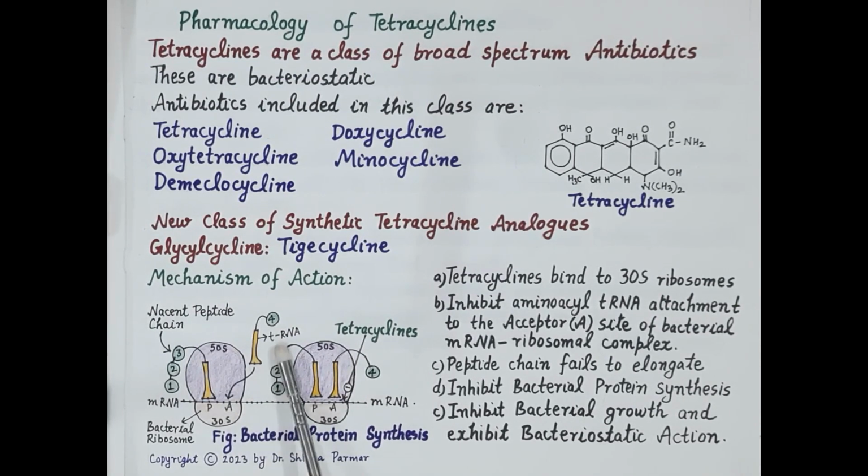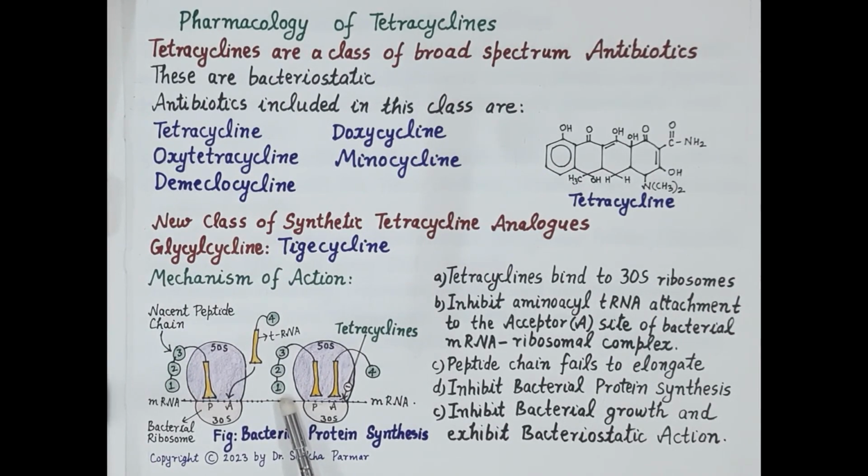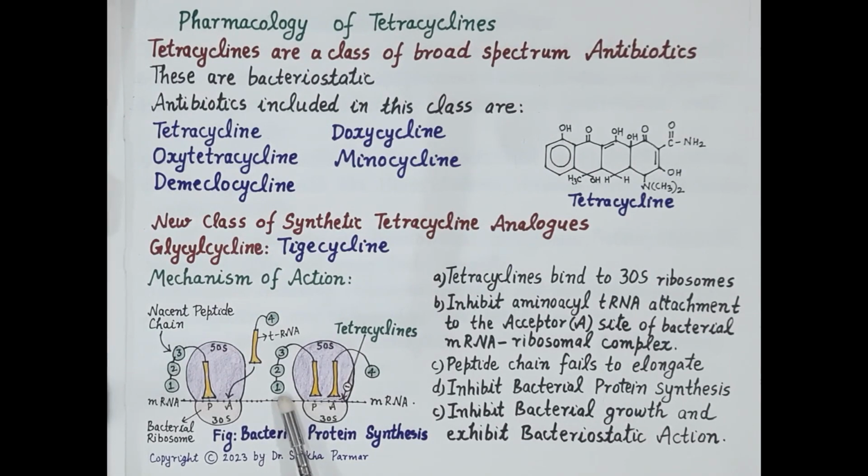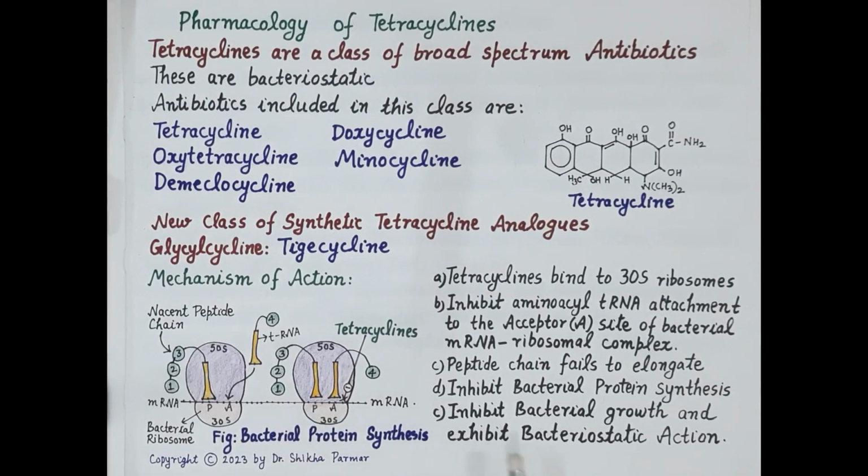So this peptide chain fails to elongate. Bacterial proteins are not synthesized, and thus tetracyclines inhibit bacterial protein synthesis and they exhibit bacteriostatic action. That means they do not allow the bacteria to grow. The bacteria is unable to replicate. So this is the mechanism of action of tetracyclines.